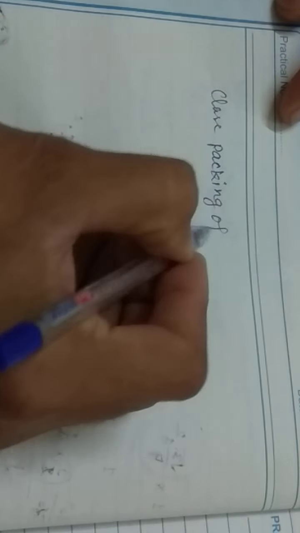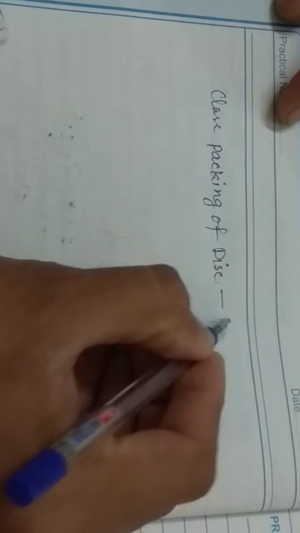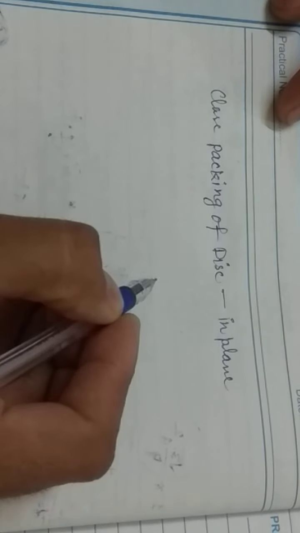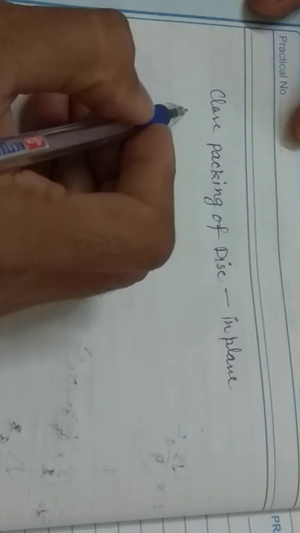Okay class, in the previous topic I have told you the close packing of disc in a plane. We have seen three kinds of packing.